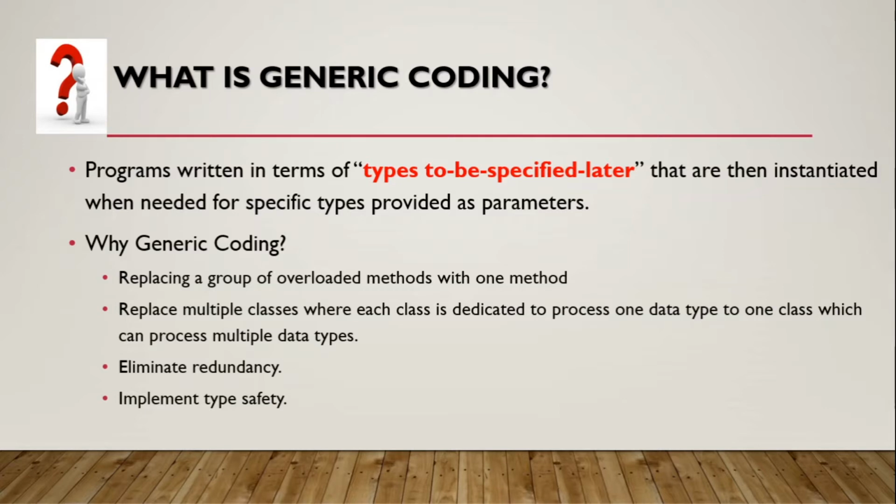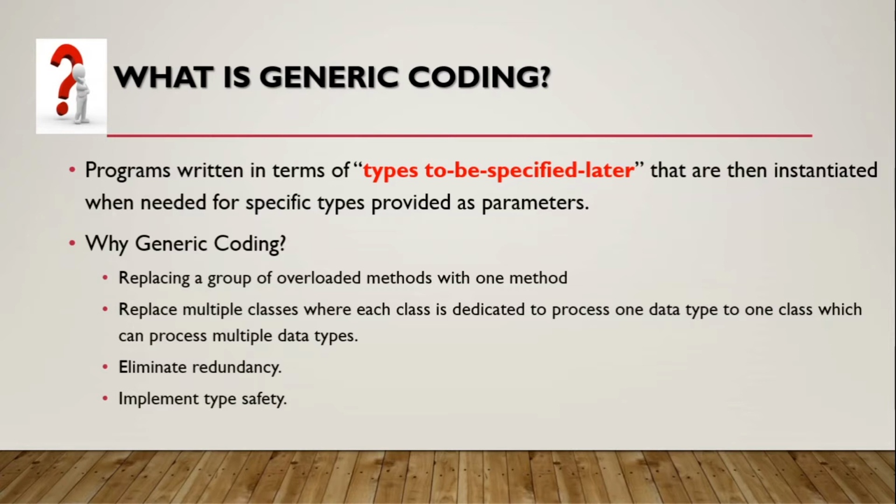Instead of deciding that this is a class of type integer, or this is a class of type doubles, or this is a function that's going to process integers, or this function is going to process doubles, we basically decide that this function or this class is going to process a data type of type T. Now, what is T? I have no idea what T is. We'll just keep it T for now.